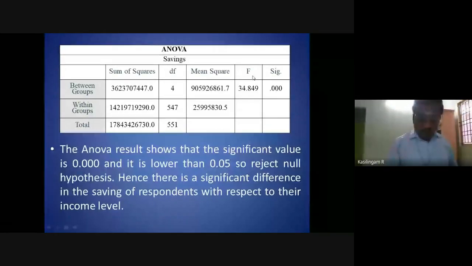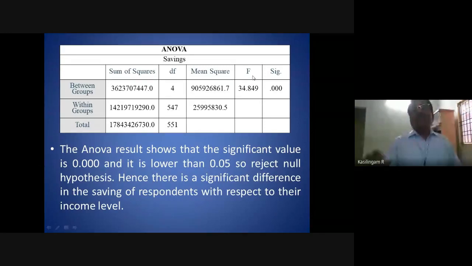So what you have to write? F within bracket 4 comma 547 equal to 34.849. Significant value is 0.00, like that.